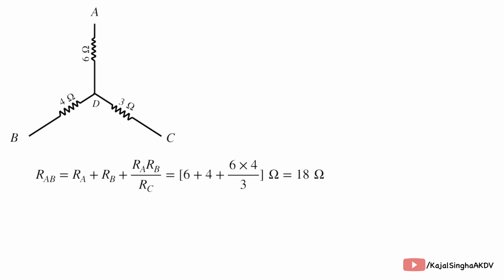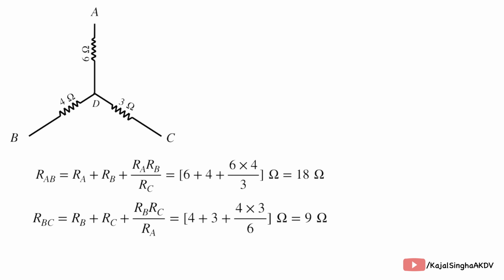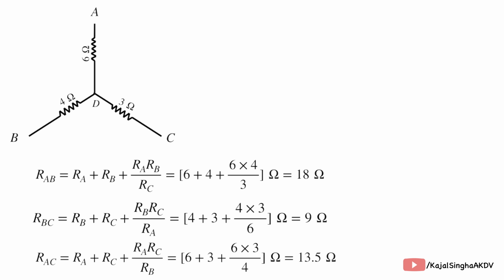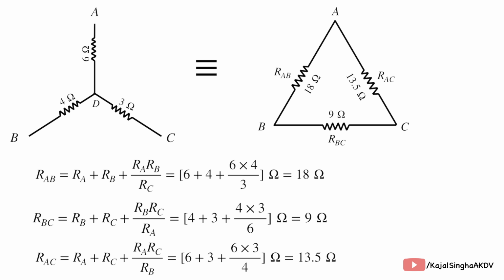Therefore we calculate it to be 18 ohm, RBC to be 9 ohm, and RAC to be 13.5 ohm. So the equivalent delta network looks like this, where three resistors of value 18 ohm, 9 ohm and 13.5 ohm are connected between points A and B, B and C, and A and C respectively.